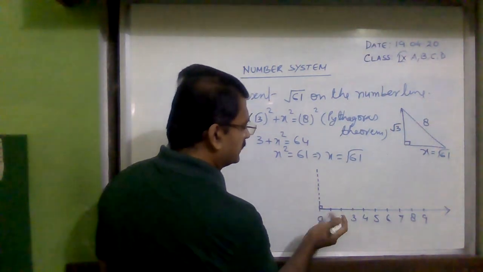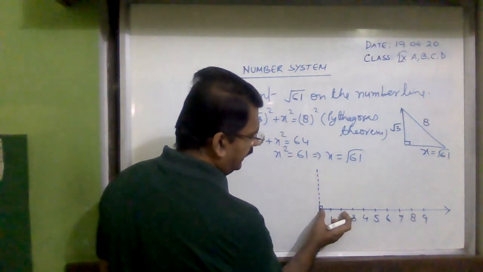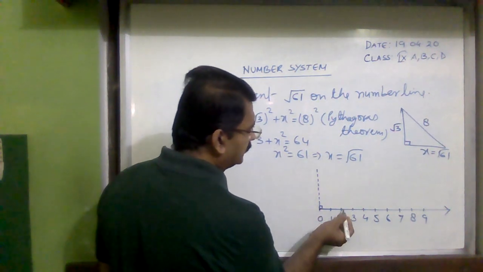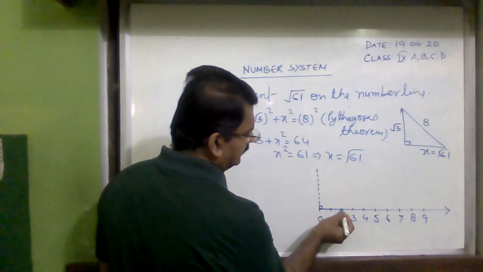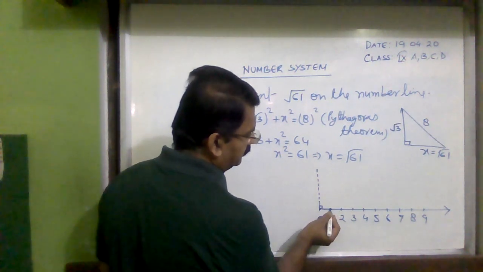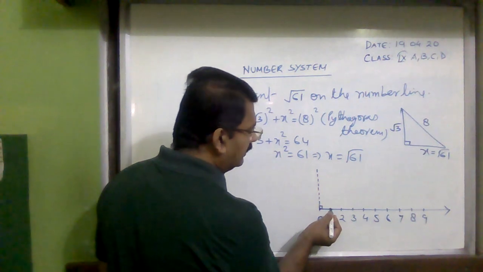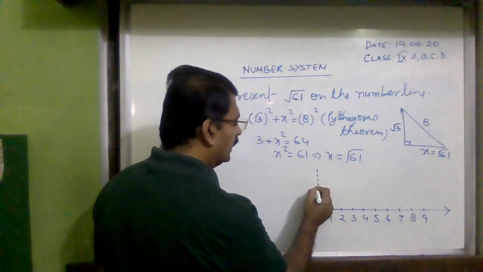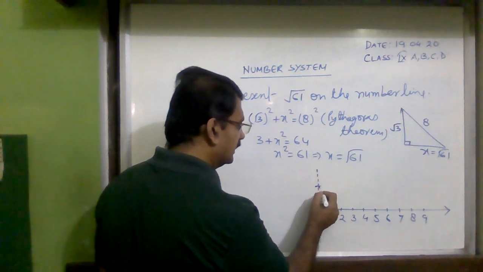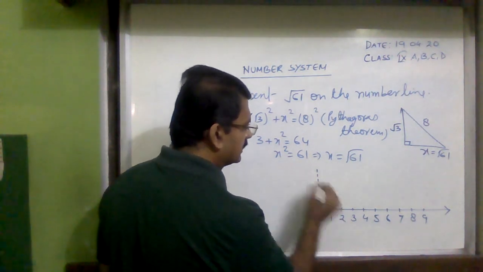Now in your compass, take a radius equal to 2 units, and putting the needle of the compass at this point, you draw an arc like this, such that this is 2.